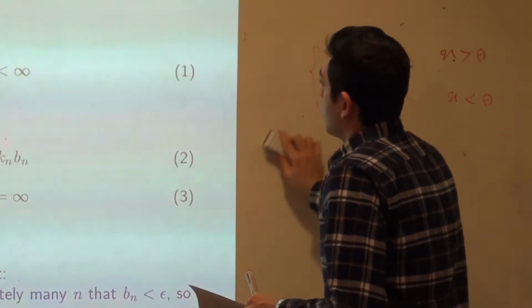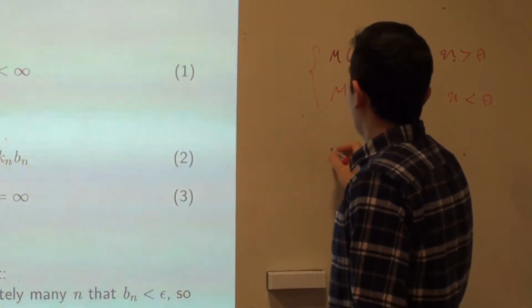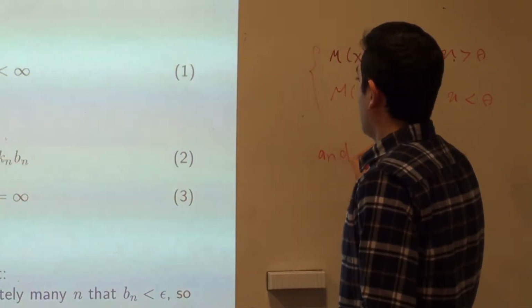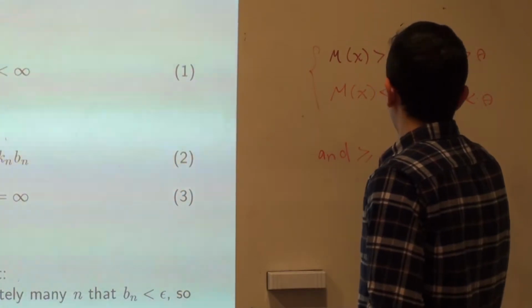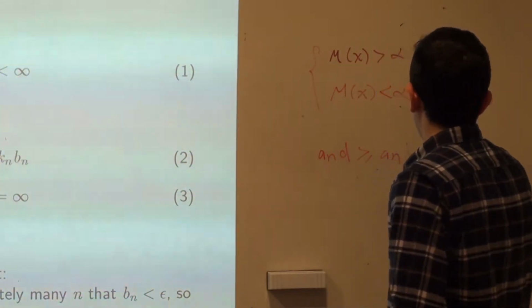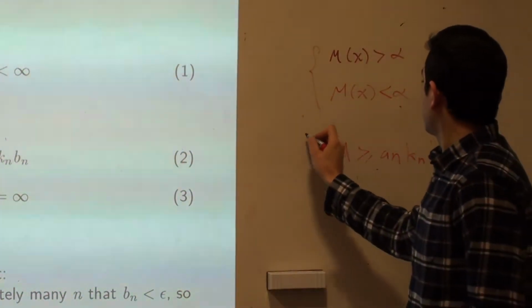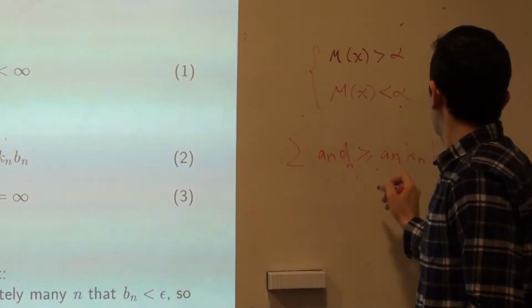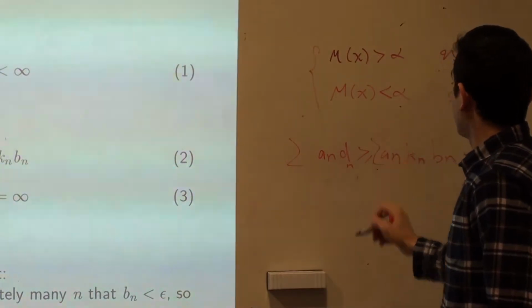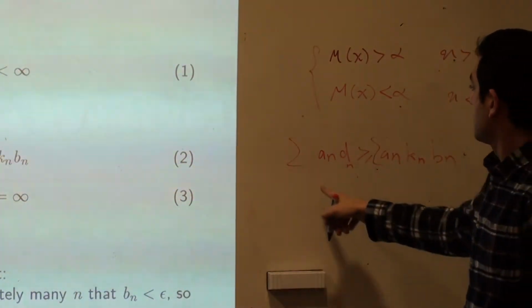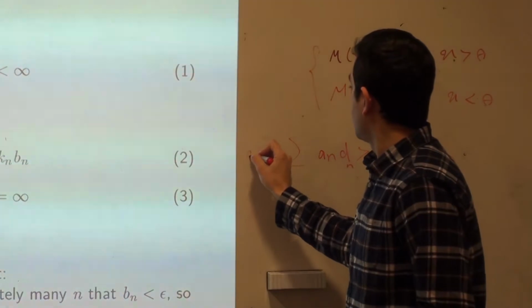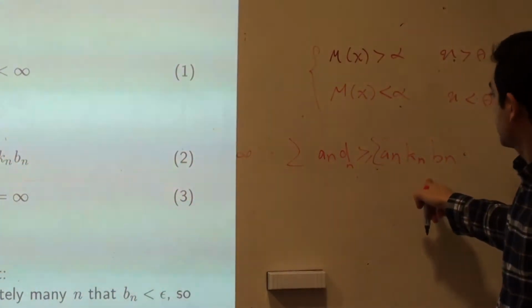Let's begin with the first one. Since An Dn is larger than An Kn Bn, I just multiplied Kn here, then summing over this would be larger than summing this, and we said that this is smaller than infinity. This is the first.